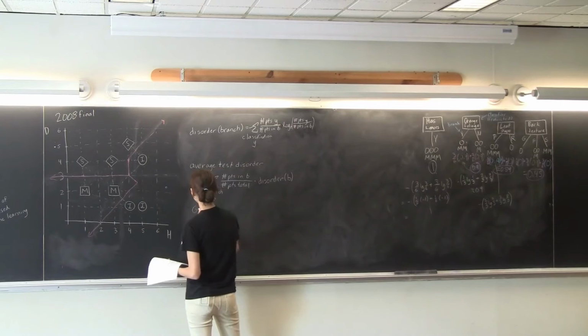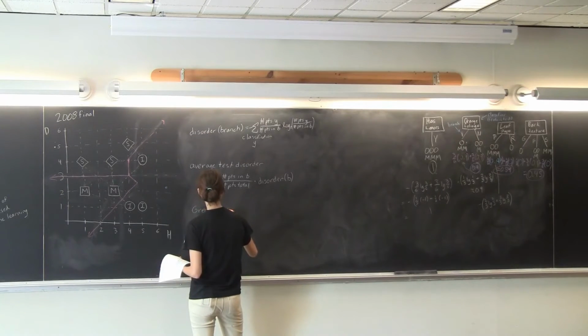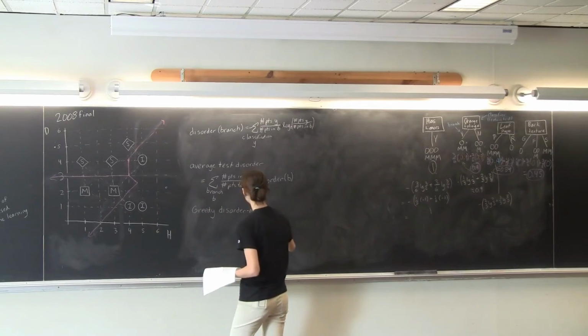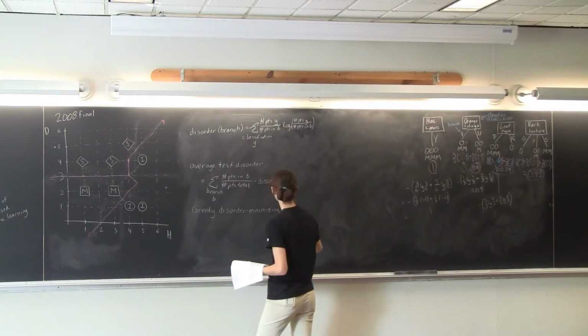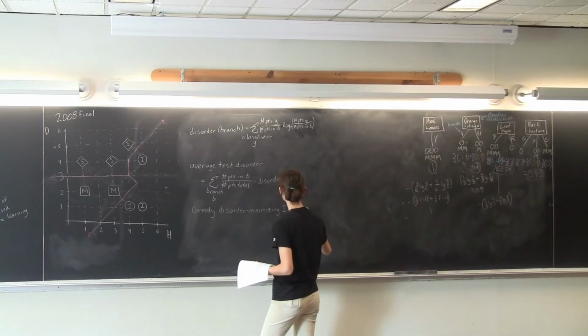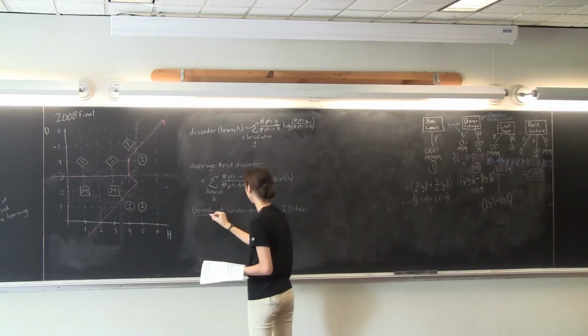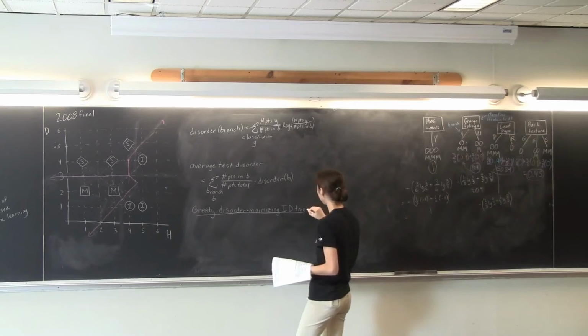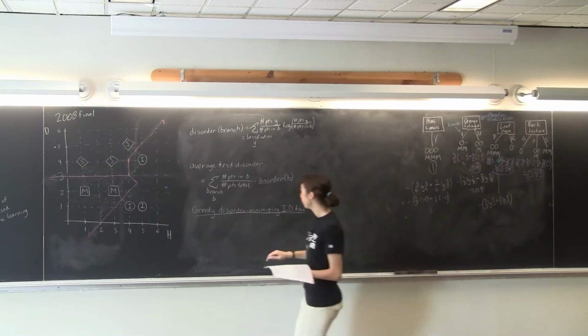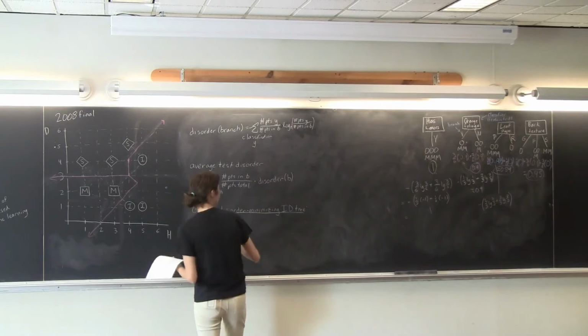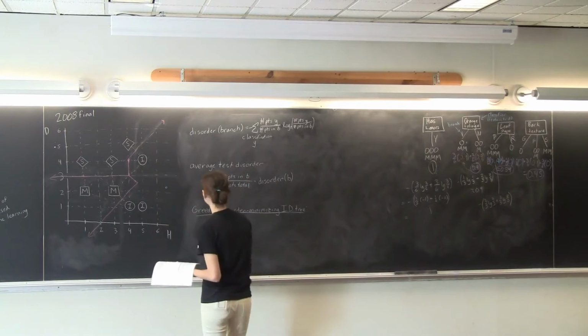So the greedy ID tree algorithm, or specifically a greedy disorder minimizing ID tree: basically, we're going to keep picking tests that have the lowest disorder, until the data is fully classified or we run out of useful tests.